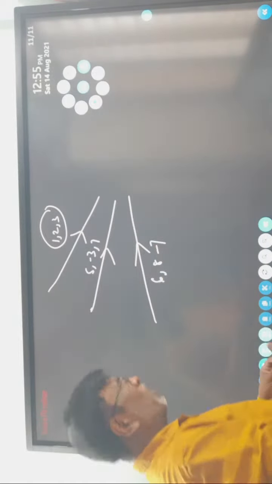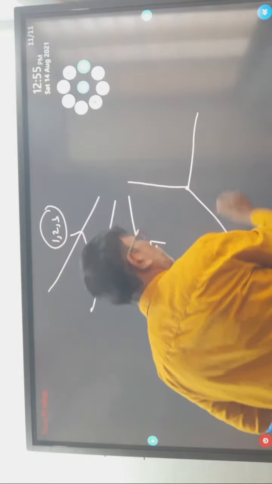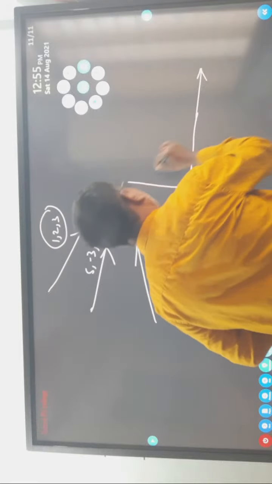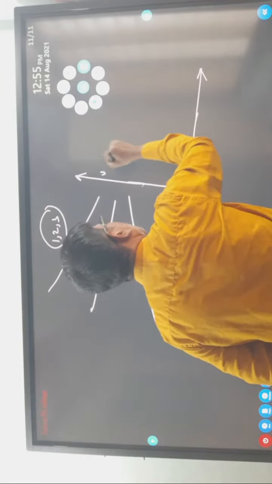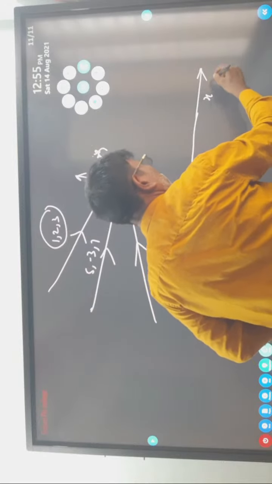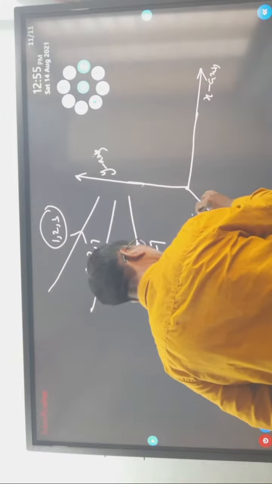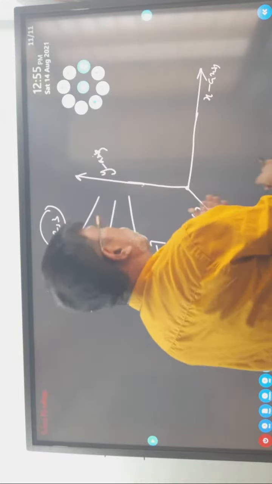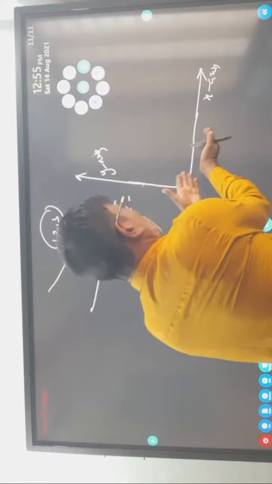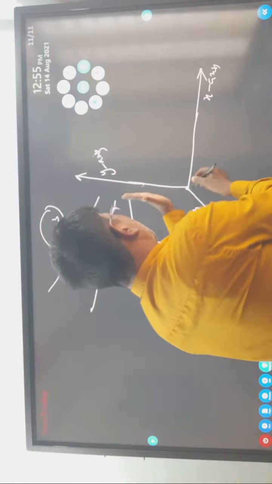Suppose this is the three-dimensional figure, with x-axis, y-axis, and z-axis. Observe that this is the x-axis.